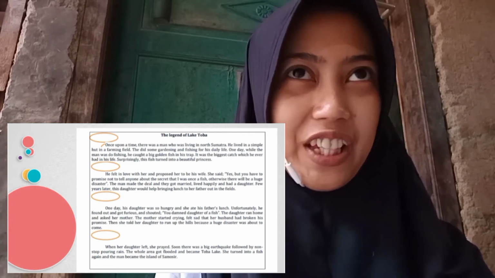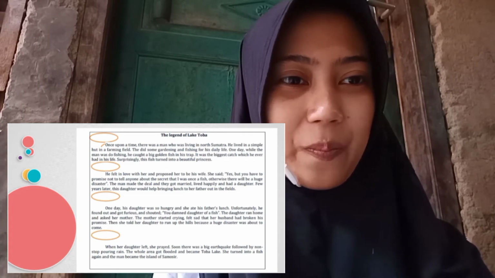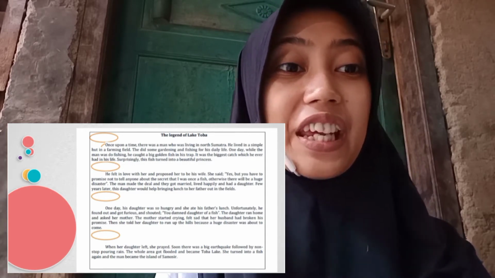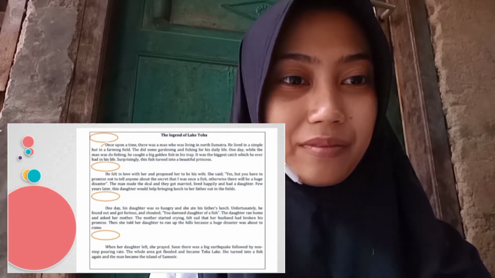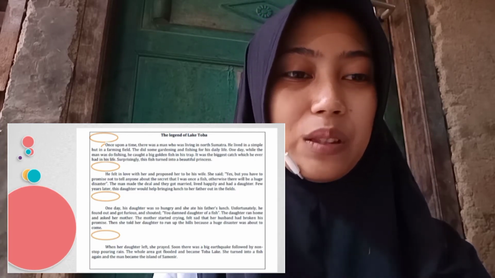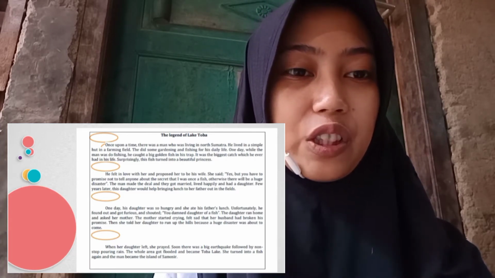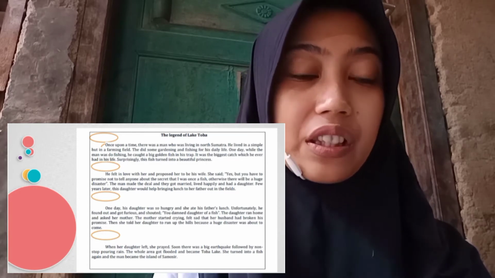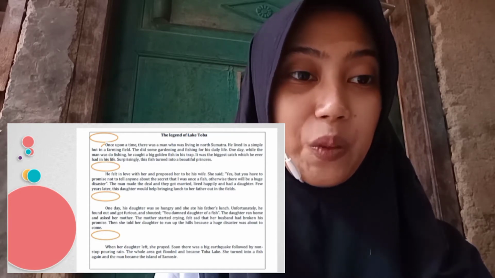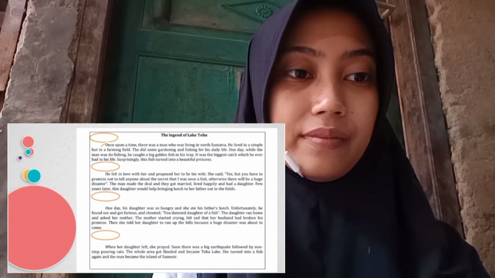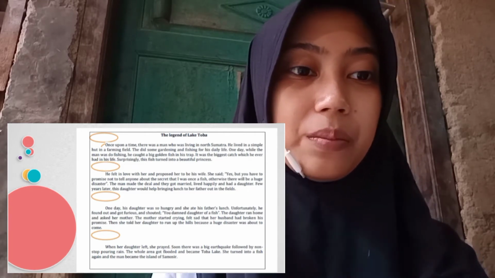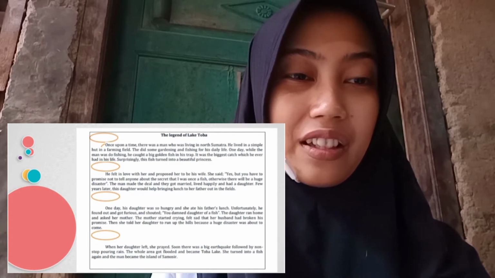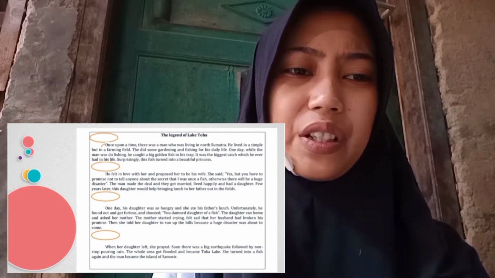Yeah. How about the second paragraph? Complication. Really? Yeah, it tells the beginning of the problems. So the problems began with the story that he fell in love with the beautiful princess, and then married and lived happily and had a daughter. Okay, so what happened in the third paragraph?